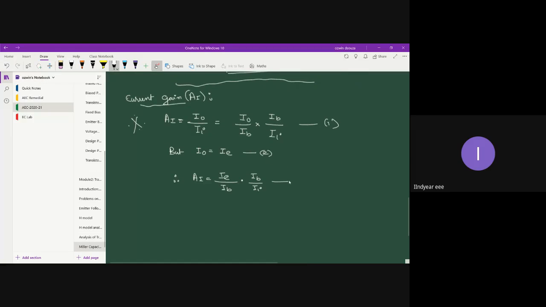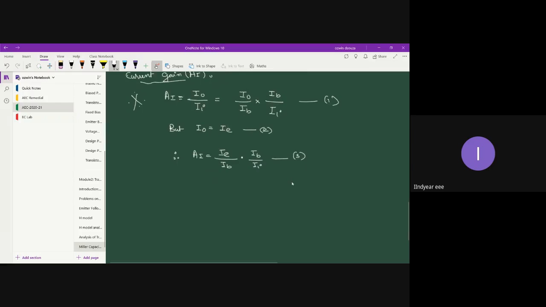We shall take this as equation 3. Also we know that IE is equal to 1 plus beta D times IB, or approximately you can write it as beta D times IB.